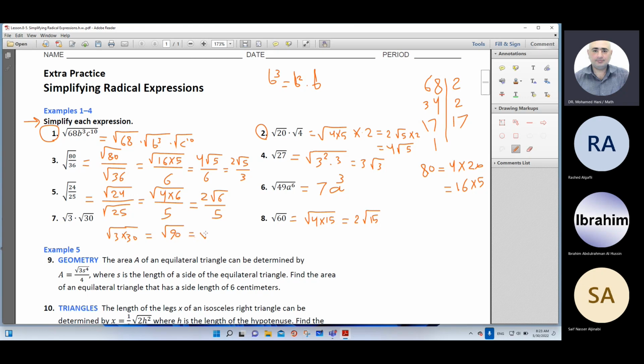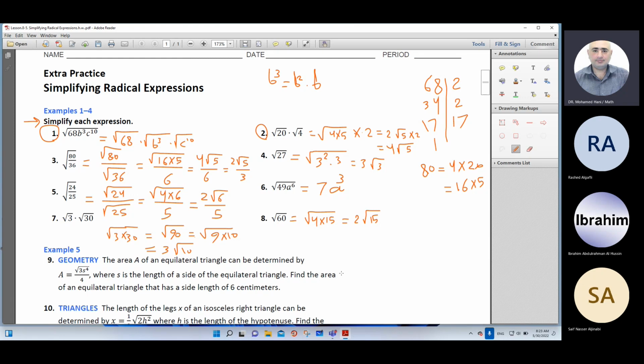And 90 equals what? 9 times 10. What is the square root of 9? 3. And keep 10 under the square root. So the answer will be 3 times the square root of 10.